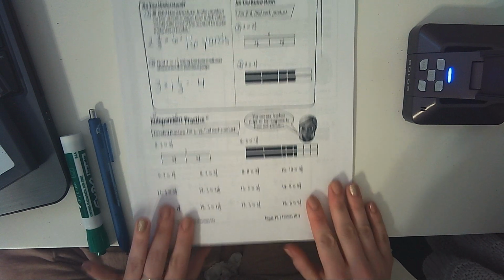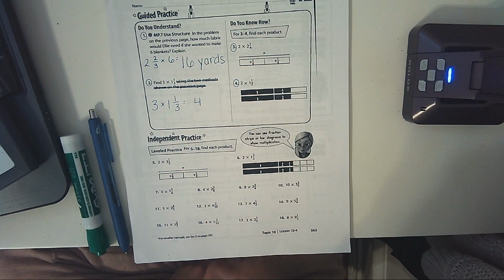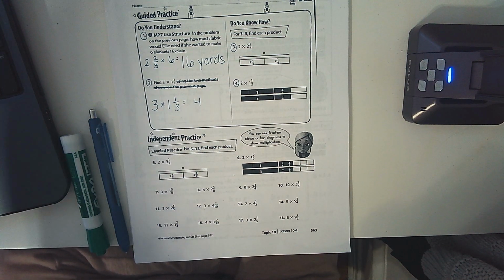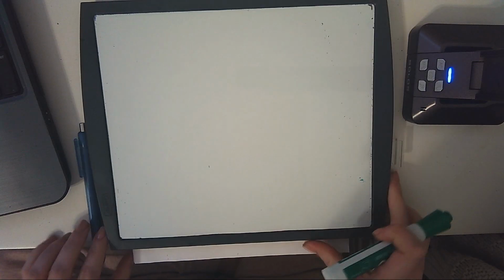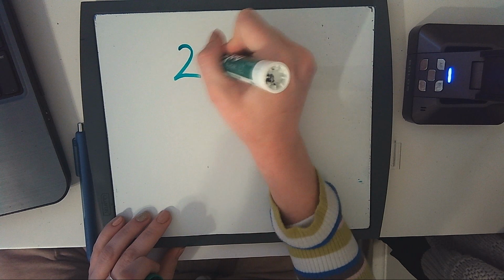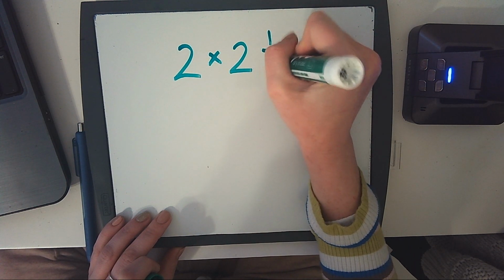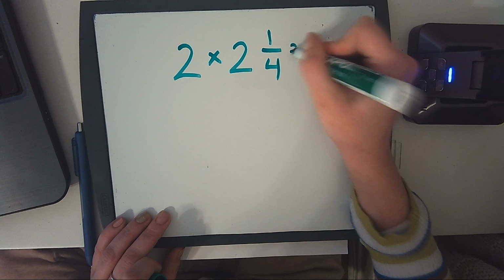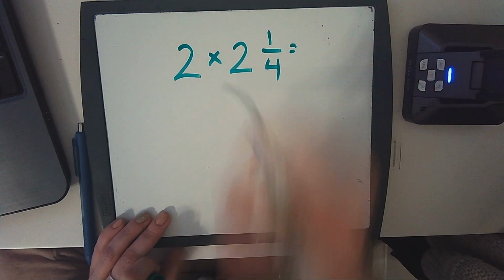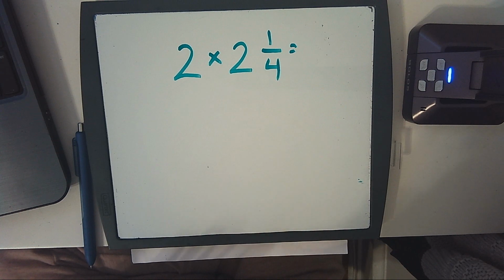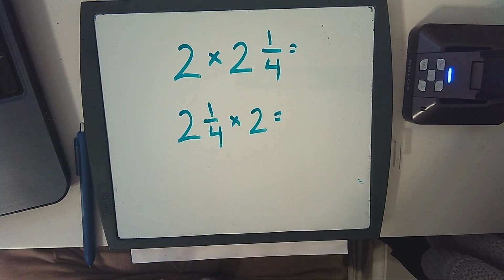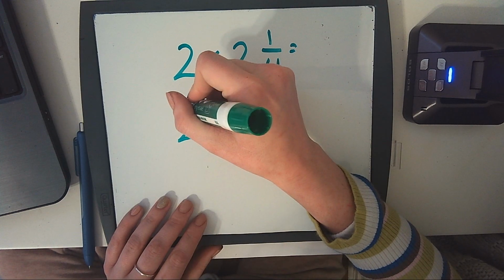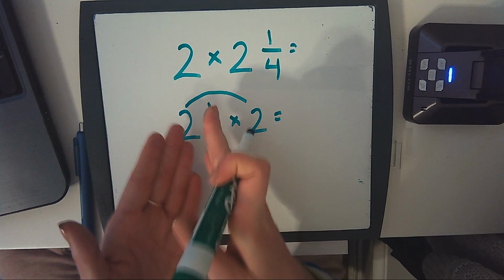Moving on to number 3, I'm going to rewrite it on my whiteboard. 2 times 2 1/4. Get my arrows going, my whole number, and make sure something that people might do is write this like this, which is okay because the commutative property tells us we're going to get the same answer, but when you go to draw your arrows, you're going to run into a problem because the fraction is over here.